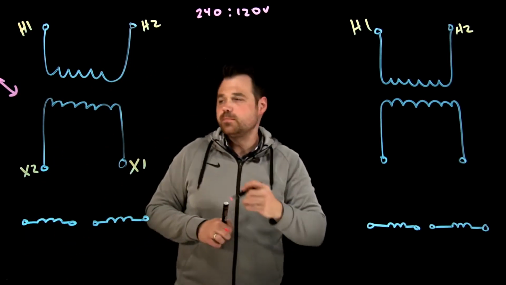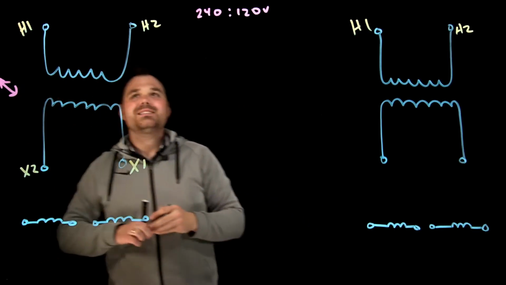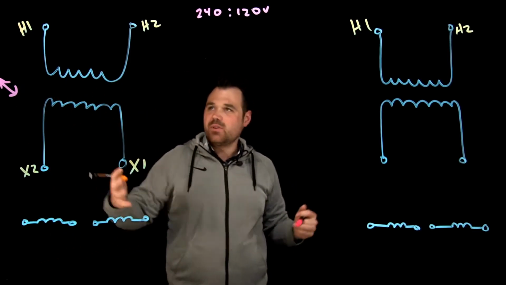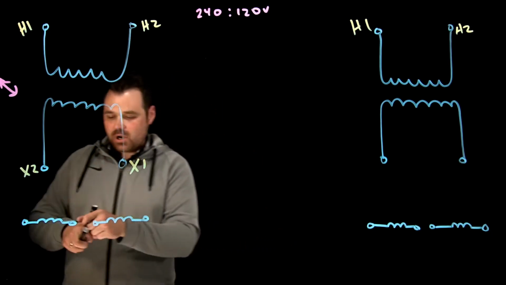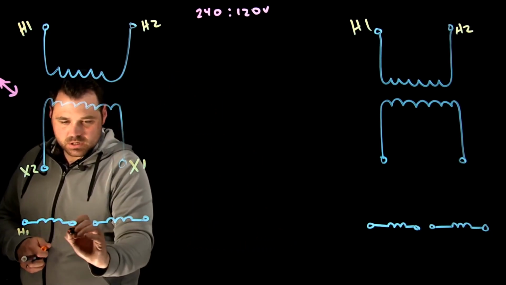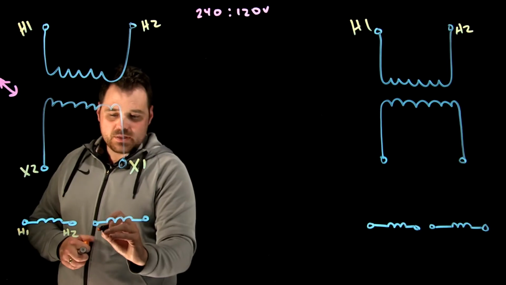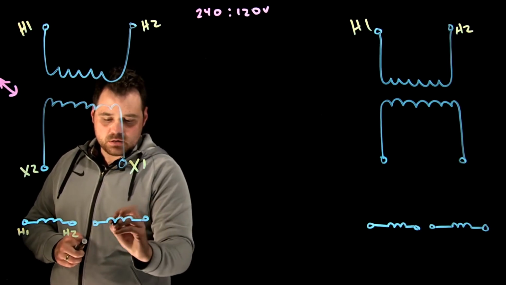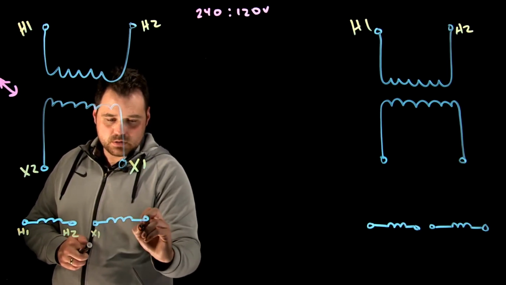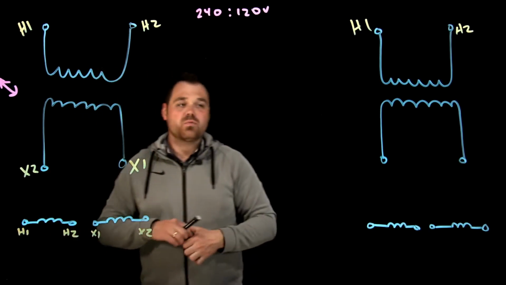They're opposite. So, why does that make it an additive transformer? Well, I've got two windings here, right? I've got H1, H2, and then here I've got X1, X2.